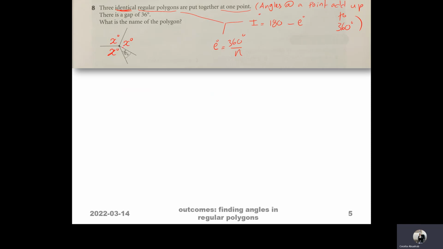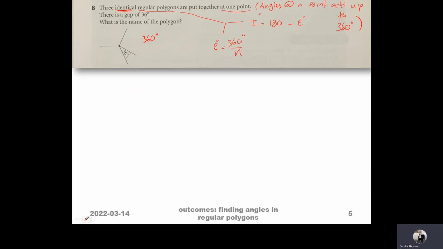And the four angles, X, X, X, and 36, they are angles at a point. So these four angles add up to 360 degrees. How am I going to find the unknown angle, which is the interior angle? We're talking here about the interior angle of these identical regular polygons.